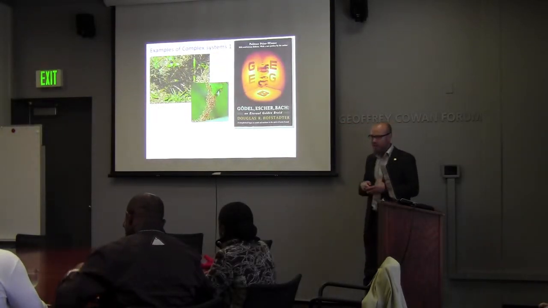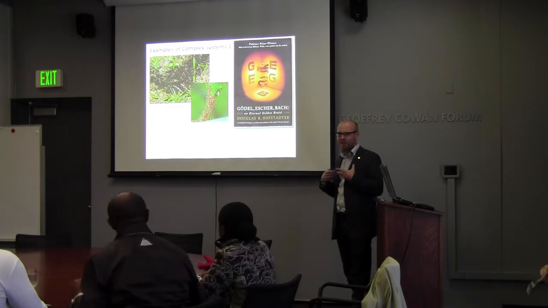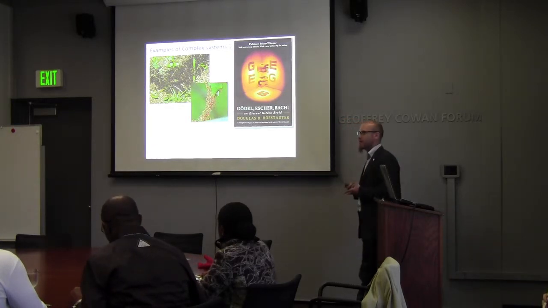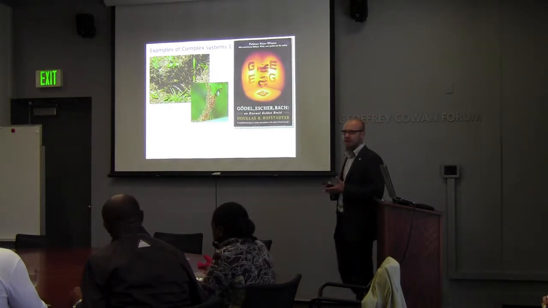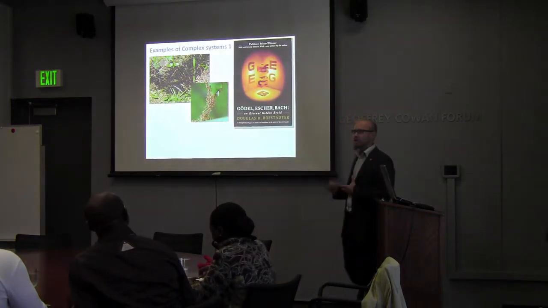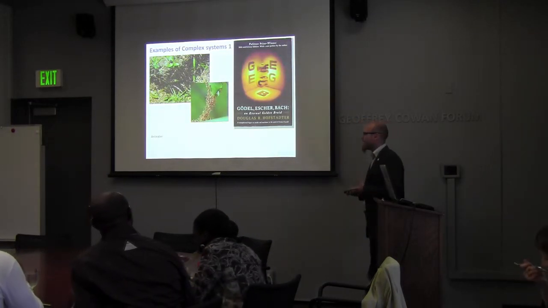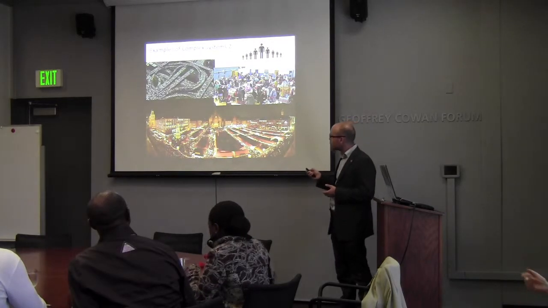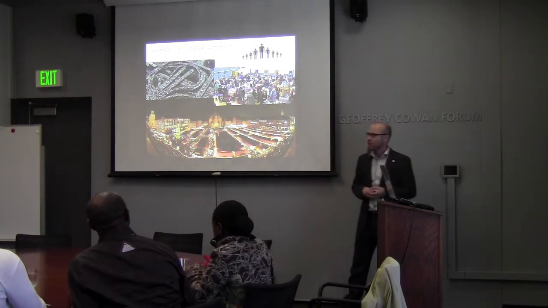Historically, we often associate complexity science with ants. There's this very famous book, Gödel, Escher, Bach, where we basically analyze ants because they're much simpler to understand than human societies, and you can learn a lot about complexity by studying animal behavior. Obviously, if you look at social systems, they look very complex, right?